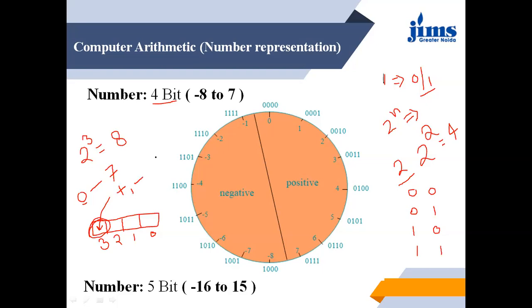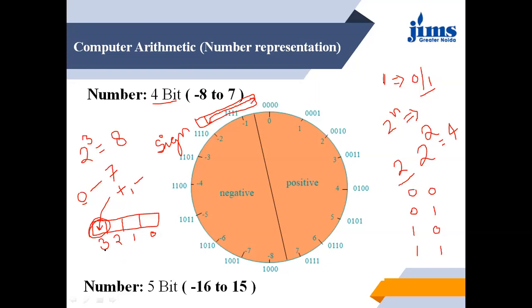We discussed this also when we studied the sign magnitude form, where the first bit, that is the MSB, most significant bit, is used to represent the sign of the number, and the rest of the bits are used to represent the magnitude of the number.